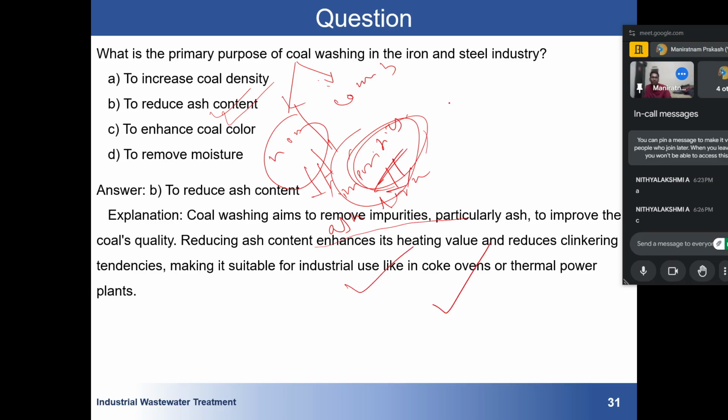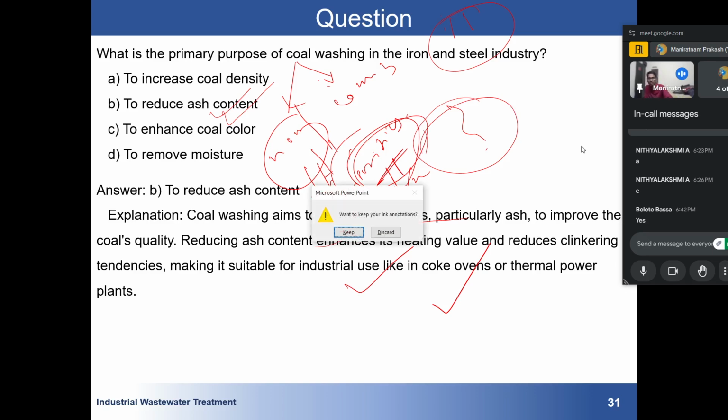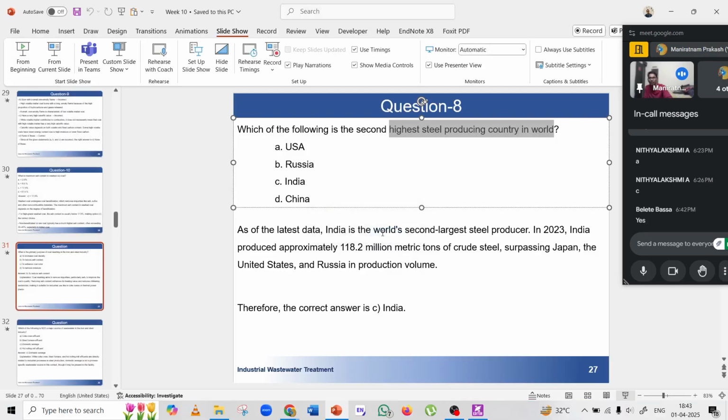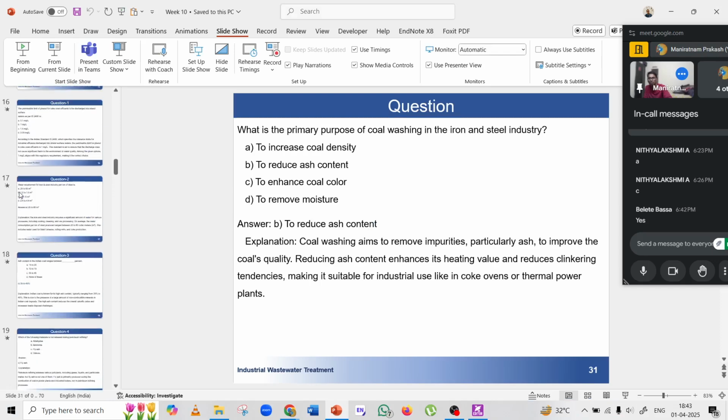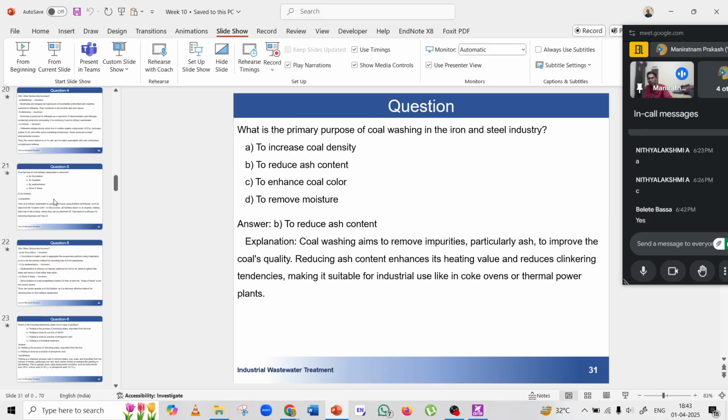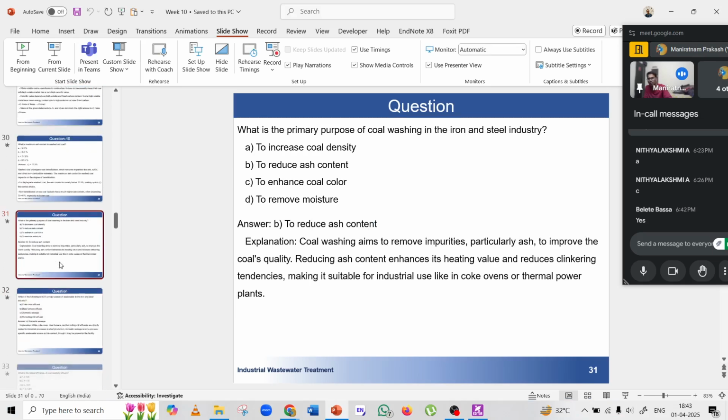Is it clear? Those who have joined late, we have already discussed the 10th question. This is question number 11. If you have any doubt, you can ask. I will go one by one through what we have discussed till now. If anyone has any doubt in those questions, actually at the end I will do the recap.